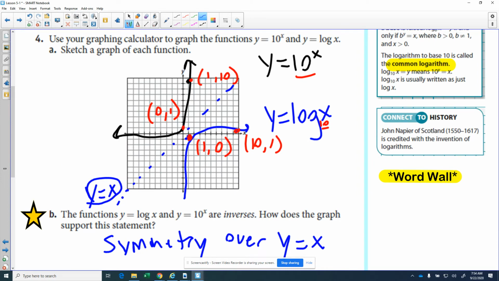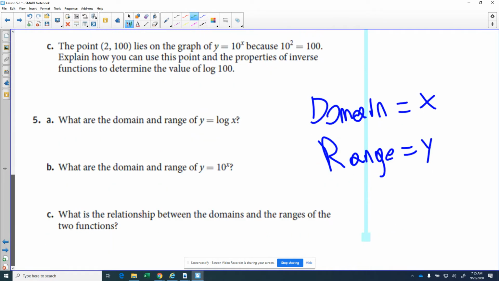The big thing I want you to think about is the fact that I never cross my y-axis here. On top of it, we can't really have a negative value in there. It wouldn't make sense. So for my domain and range, my domain, I'll just write the letter D there.